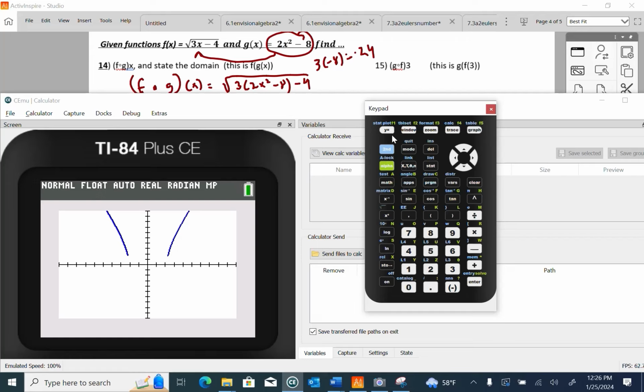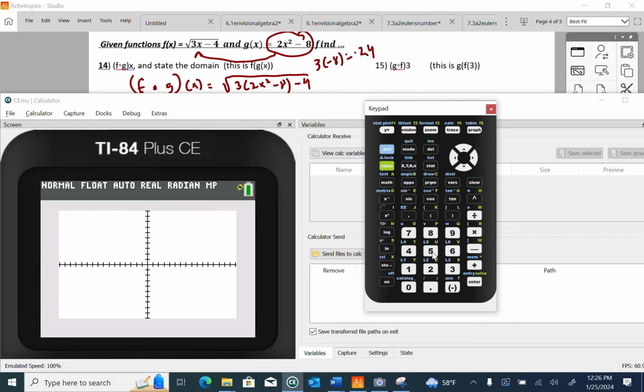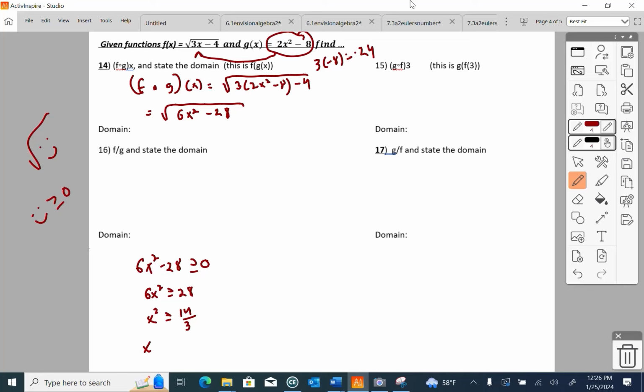This is half of a hyperbola. Shows how tired I am. It's a square inside, isn't it? Go zoom 9. Sorry, zoom square. Better drawing of the hyperbola. You'll notice it's drawn when x is less than something on this side and greater than something on this side. So I'm going to use that knowledge when I come up with my two answers.